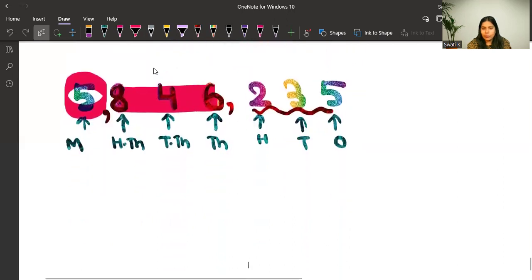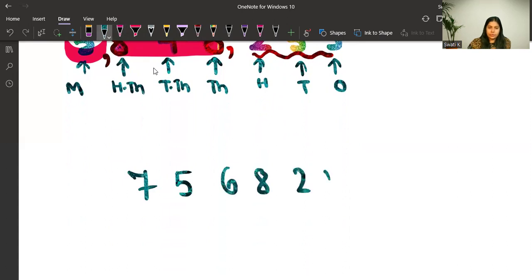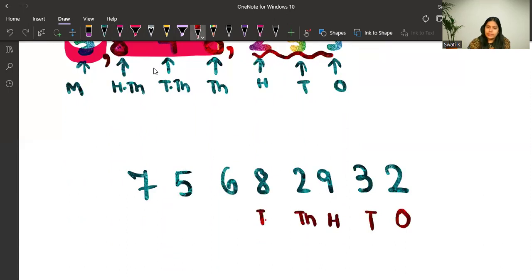Now let's go to the next. I'll add one more digit. So now it will be 75,682,932. Okay. So this is ones, tens, hundreds, thousands, 10,000s, 100,000s, right? International place value system.